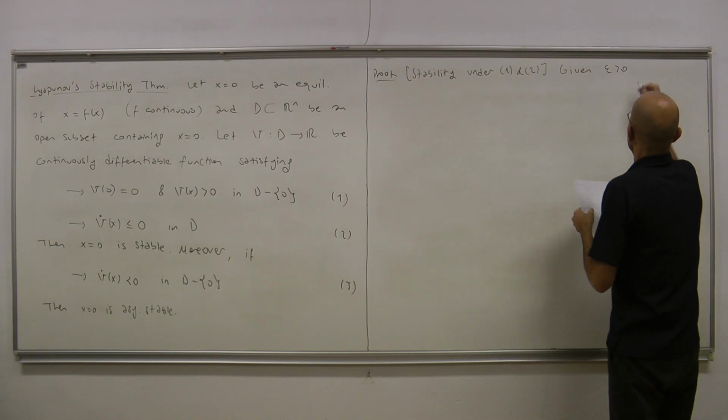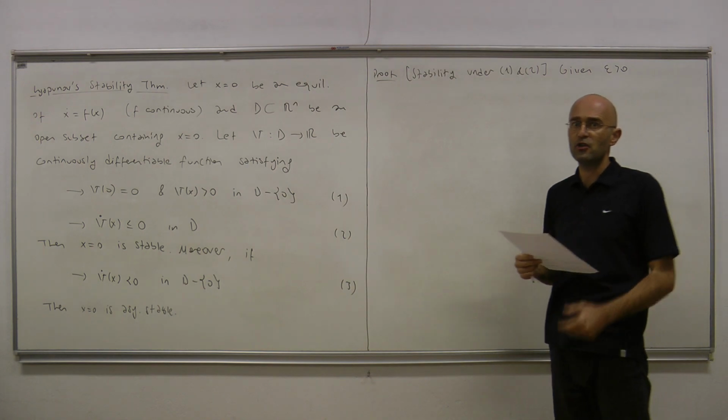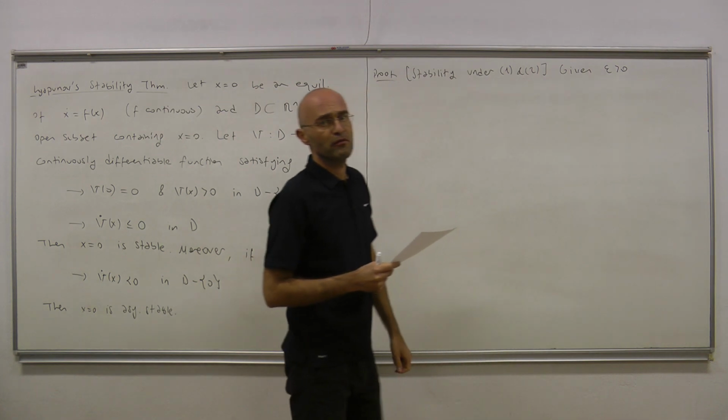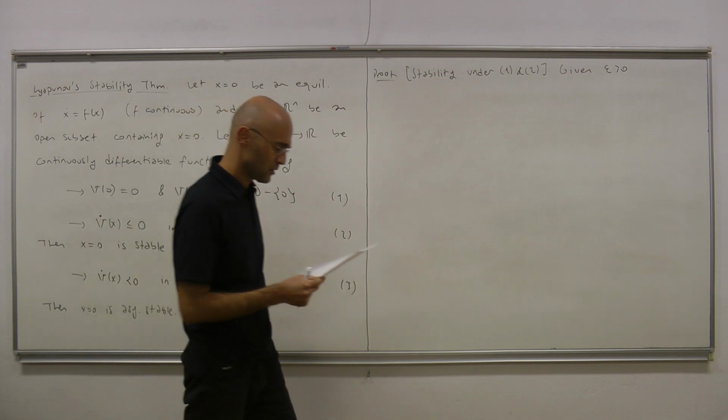Such that if the norm of the initial condition is less than or equal to delta, then the norm of the future values of the solution will always be less than or equal to epsilon.